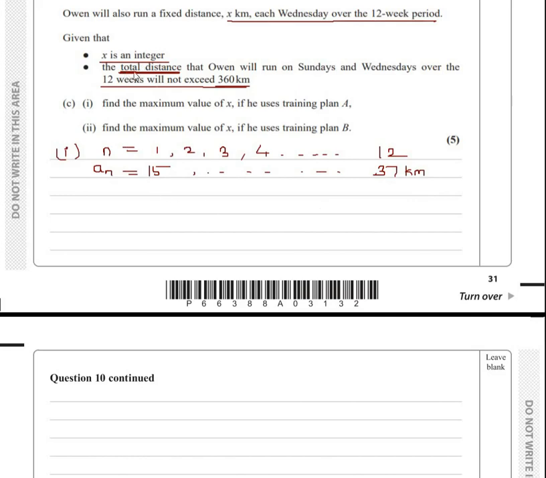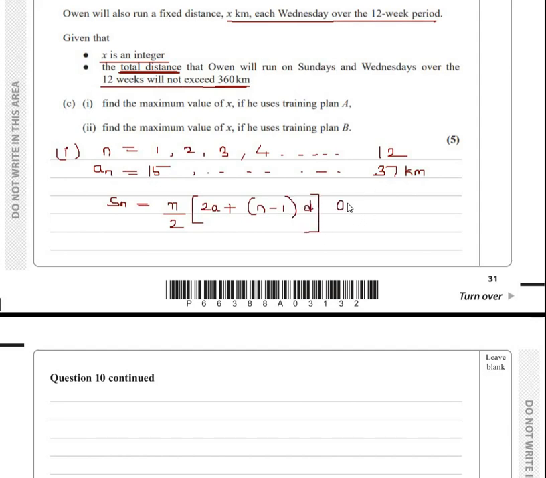Now since they have asked for the total distance, we use the formula for arithmetic sequences, because part A was an arithmetic sequence. Sn equals n over 2 times 2a plus n minus 1 times the difference.